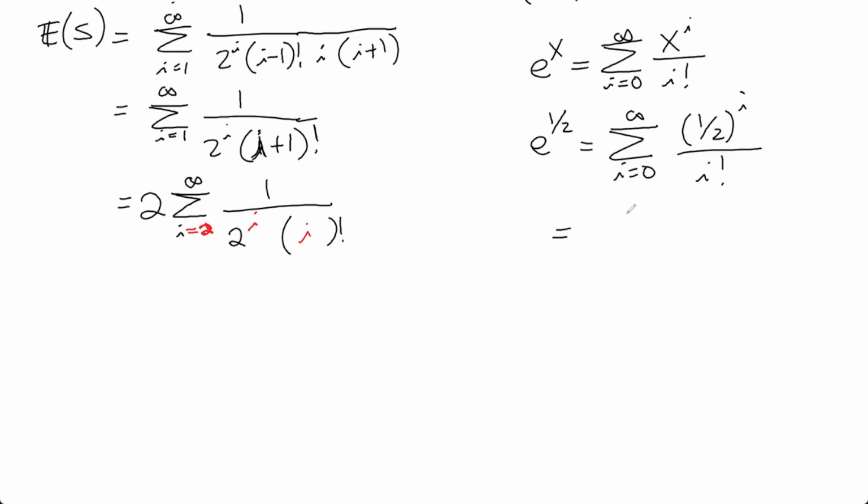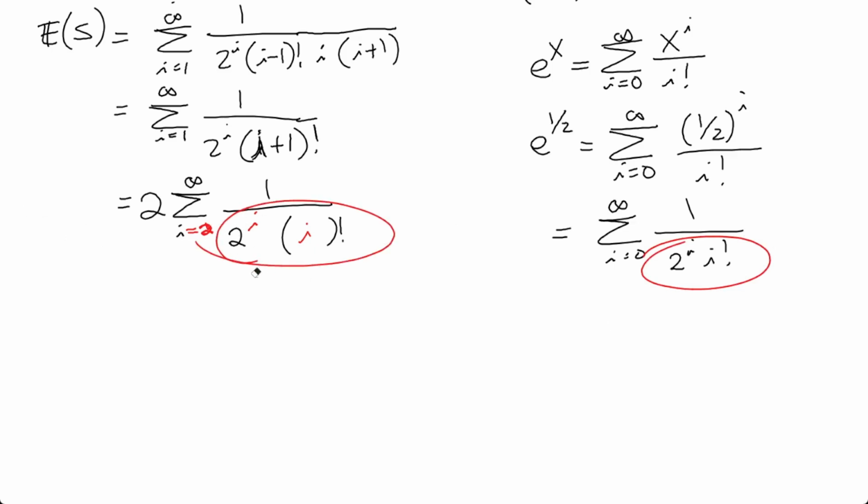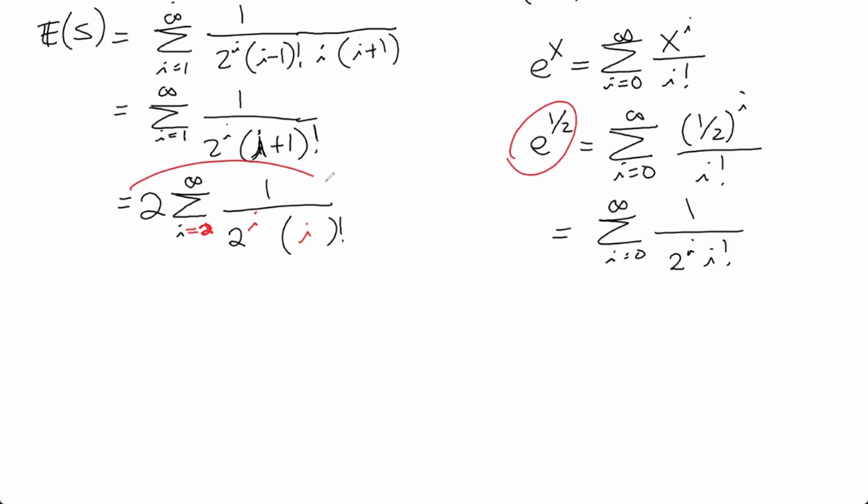And by simple rules of exponents, here's the sum. We have 2 to the i, i factorial. So the only difference between e to the 1/2 and the sum that we're interested in is just the first couple terms in the power series.